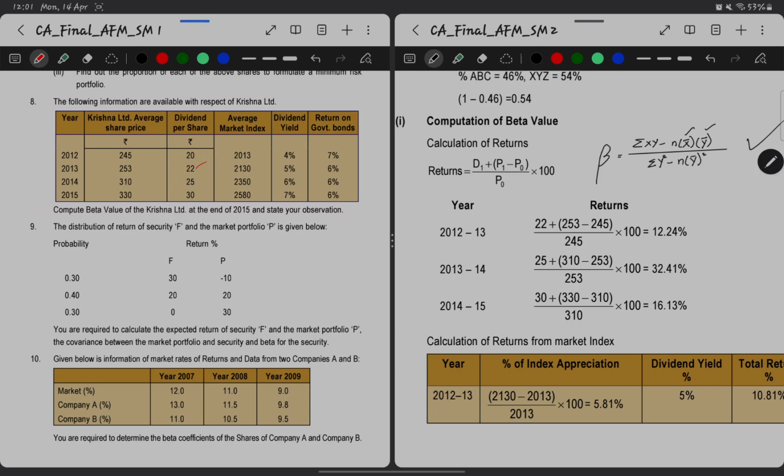So dividend plus capital appreciation divided by the previous year price will give us the return, which is 12.24% in the case of 2012-13, and 13-14 is 32.41%, and 14-15 is 16.13%. The weighted average of these returns will give us the expected return.